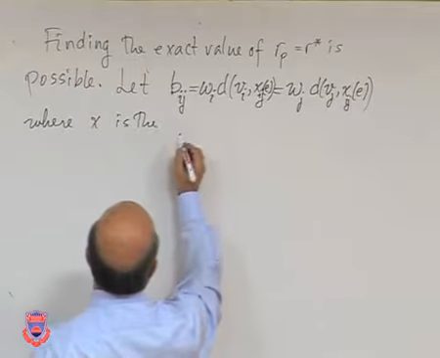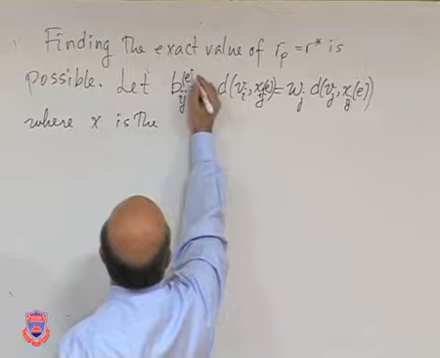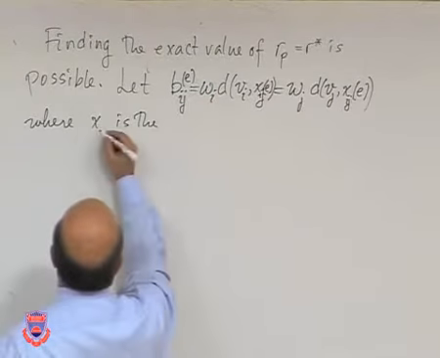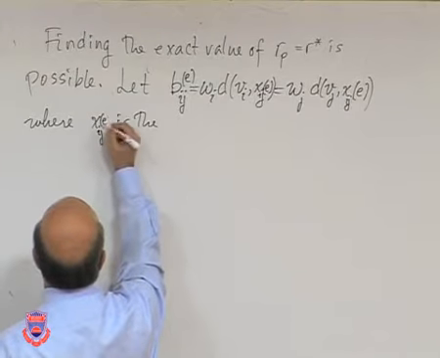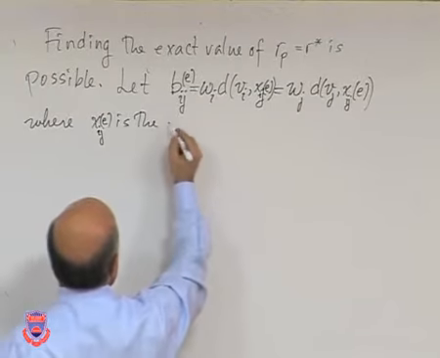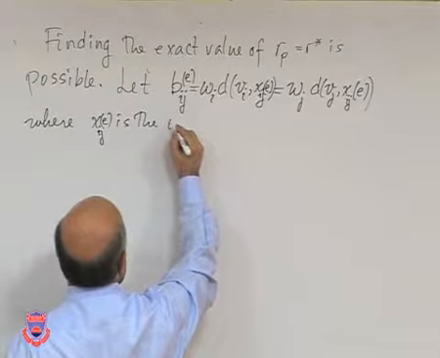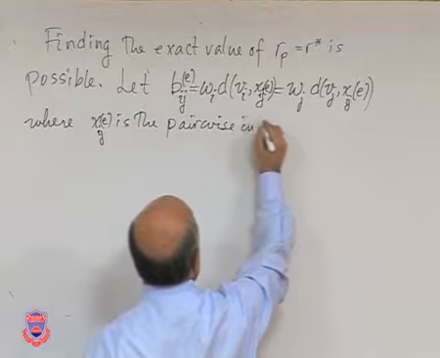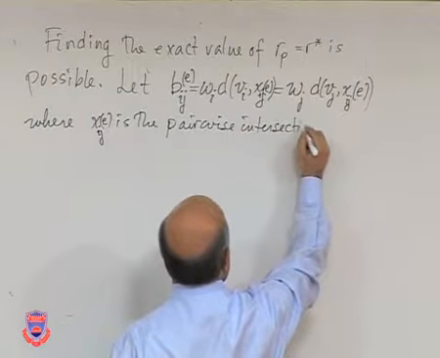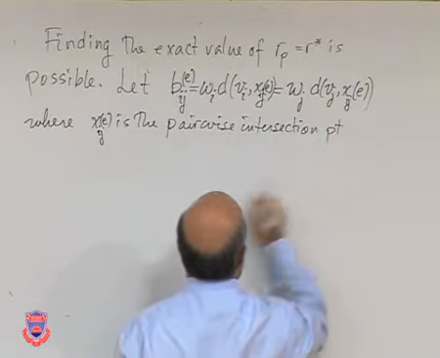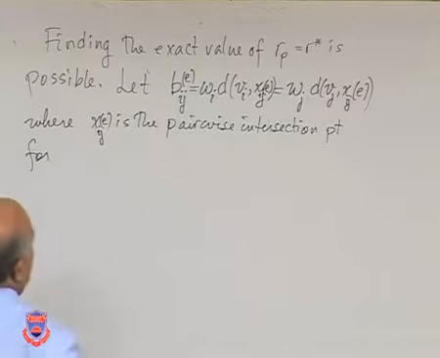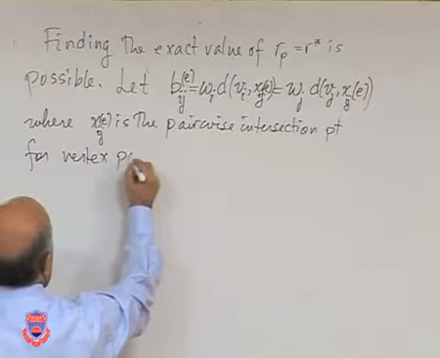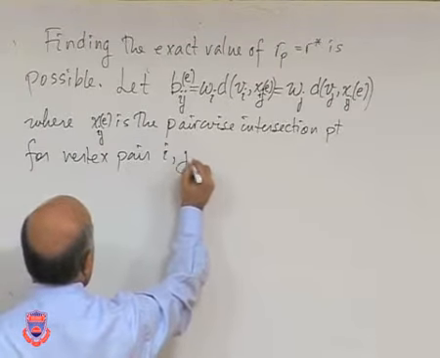So let's call that bij value relative to edge E, where x sub ije is the pairwise intersection point for vertex pair i and j.